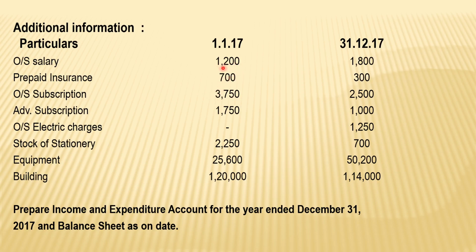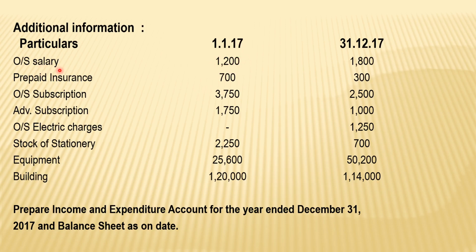If any expenses are prepaid, they are converted into an asset, so prepaid insurance is considered a current asset, it will come on the asset side. Expenses due, salary due 1200, is considered a liability, so this will come on the liability side. So this is the rule here.